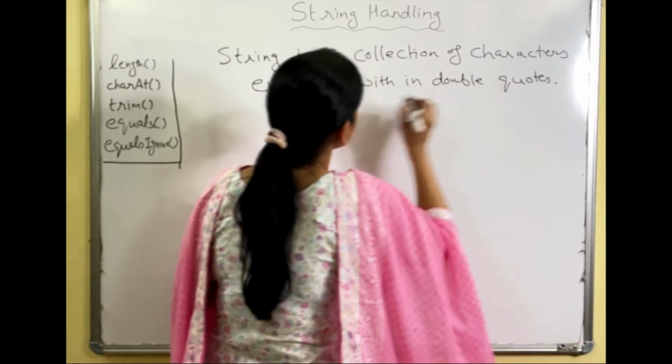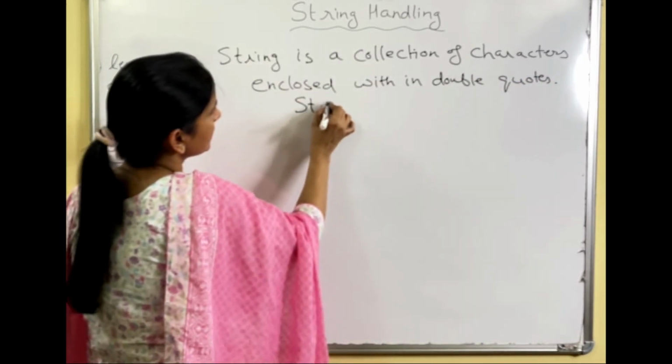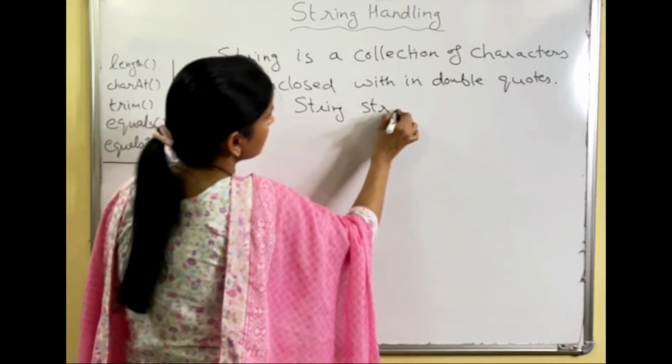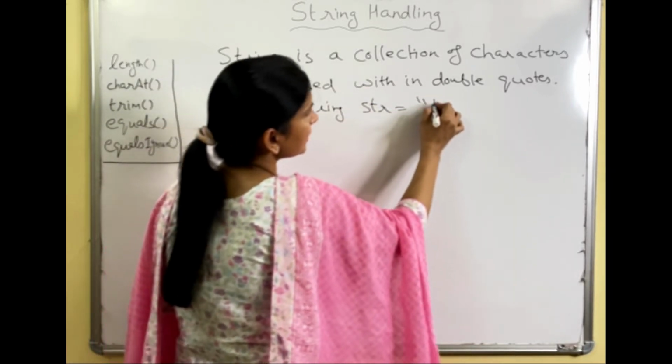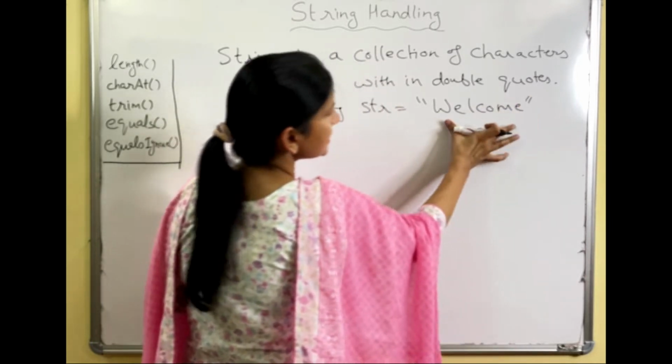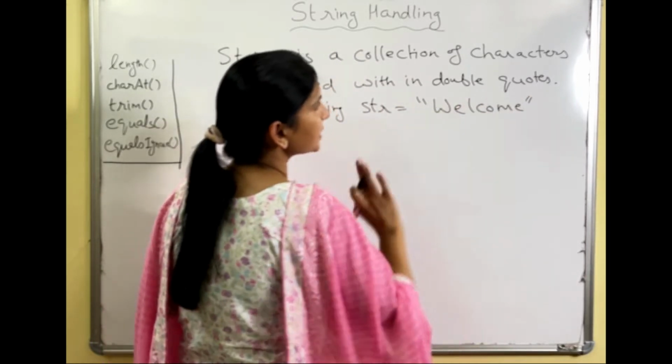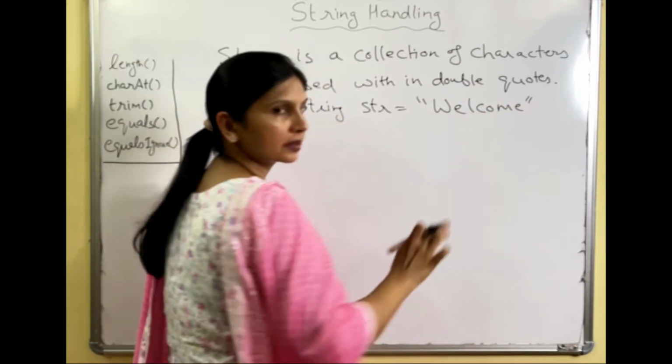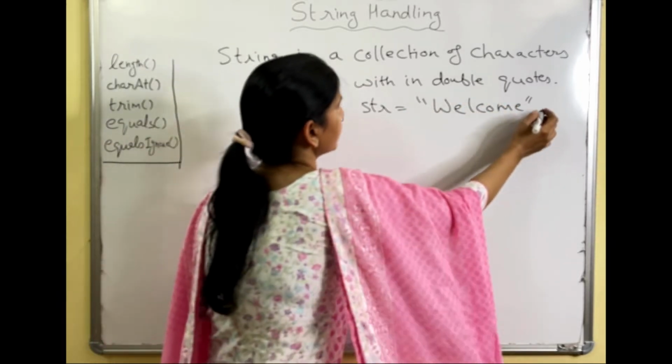Now it can be written string str. You can take any string. I am taking, suppose, "welcome", right? So this is a string, a collection of characters enclosed within double quotes.